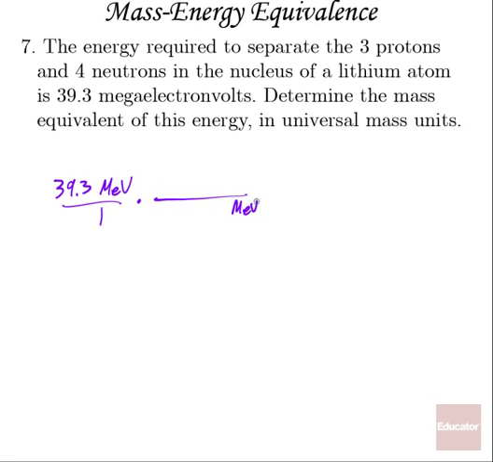Well, we want mega electron volts to go away. We want universal mass units, and I know that one universal mass unit is equal to 931 MeV, so we're multiplying by 1 again. Our units make a ratio of 1, and I come up with, when I do this, 39.3 divided by 931 is right around 0.0422 universal mass units.